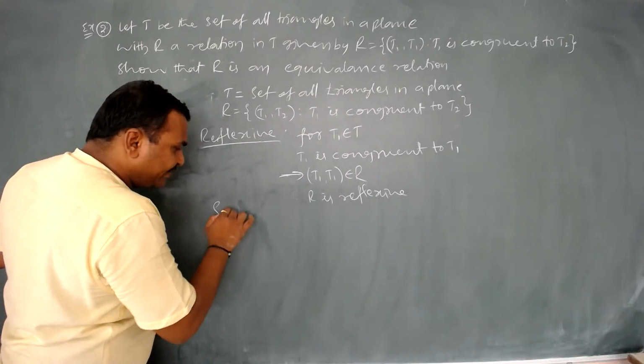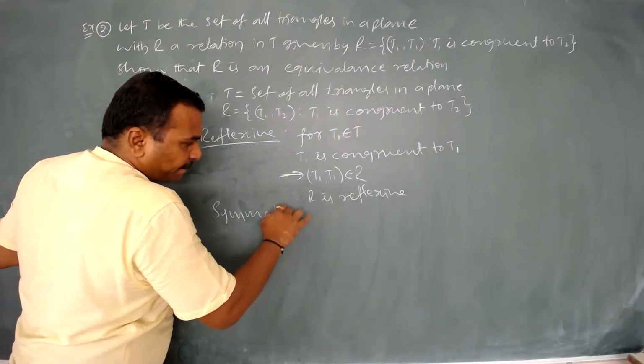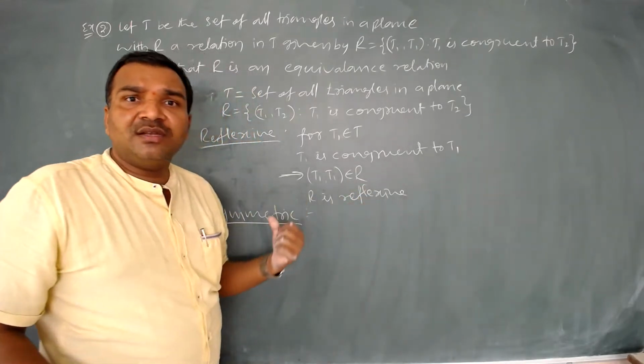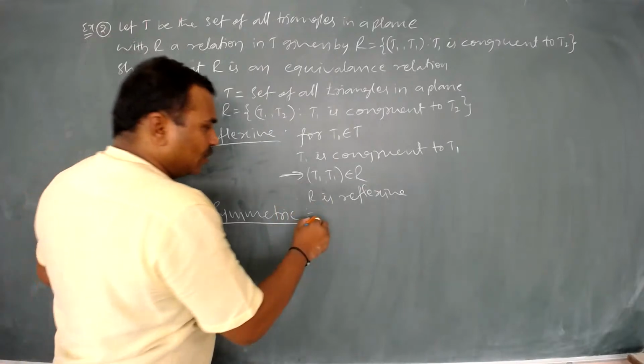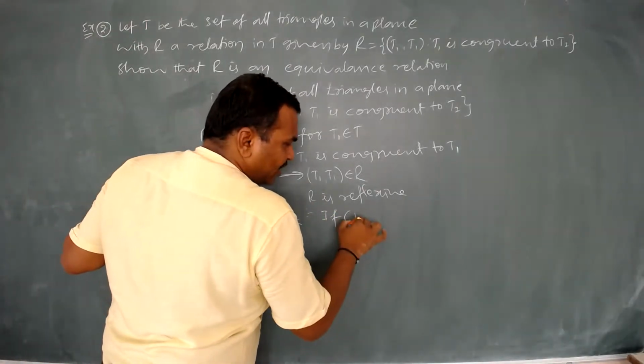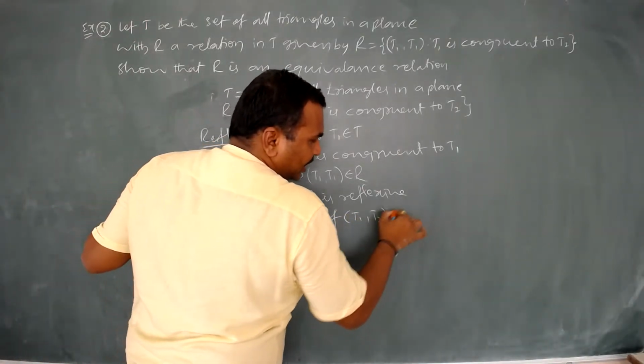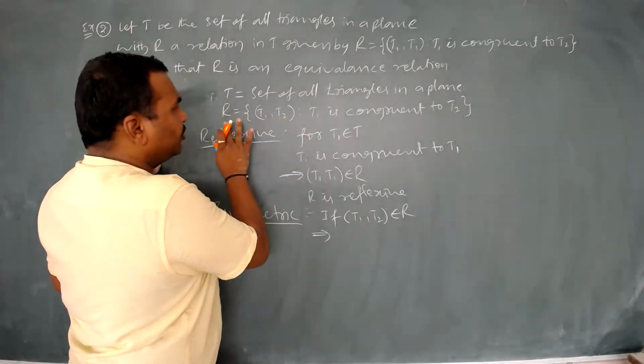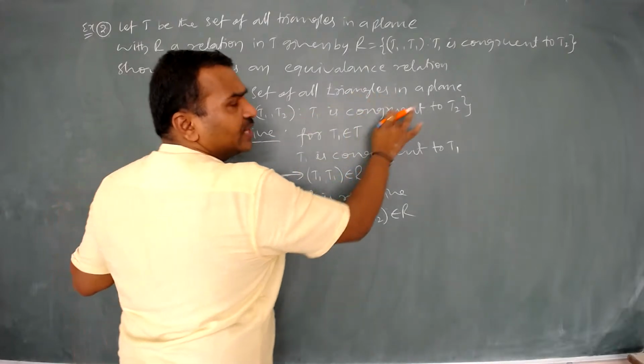Next, go for symmetry. What is the definition of symmetry? If A comma B belongs to R, then B comma A also belongs to R. Now, first take this one, T1 comma T2 belongs to R. T1 comma T2 belongs to R means T1 is congruent to T2.